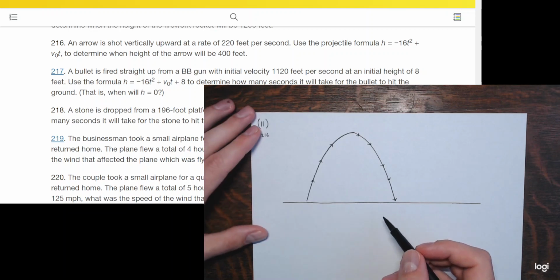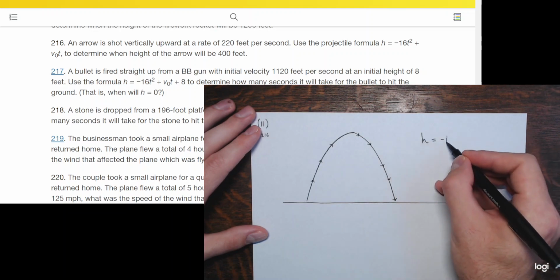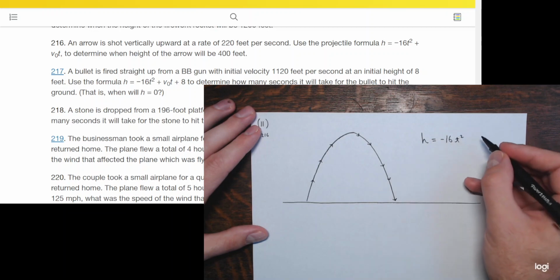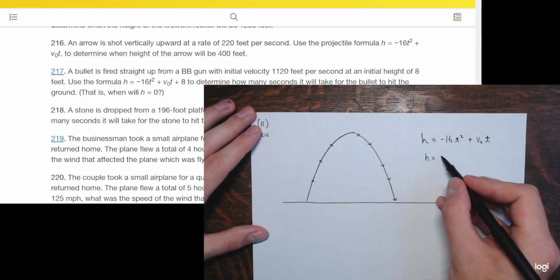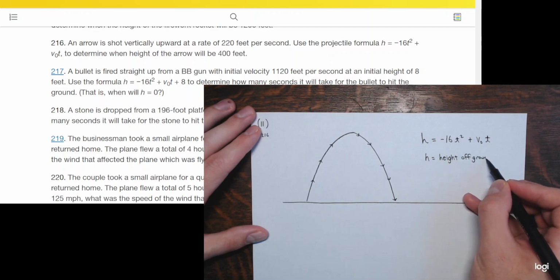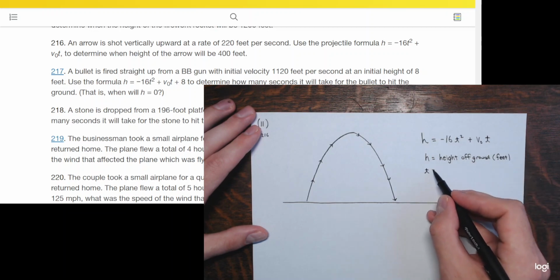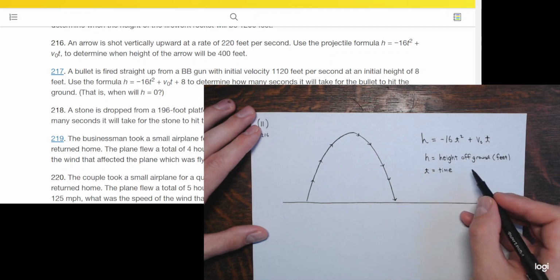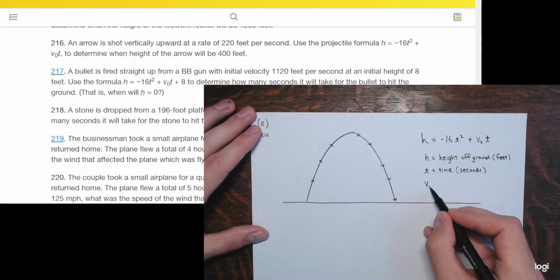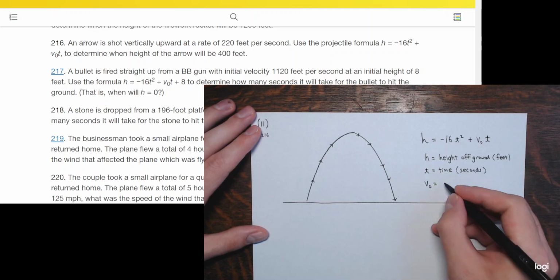Now they give us this little formula, the projectile formula: H equals negative 16 t squared plus v sub 0 times t, where h is the height off the ground in feet, t is time, the time that the arrow has been in the air, in seconds for this particular problem, and v sub 0, well, they already told us: shot vertically upward at a rate of 220 feet per second.